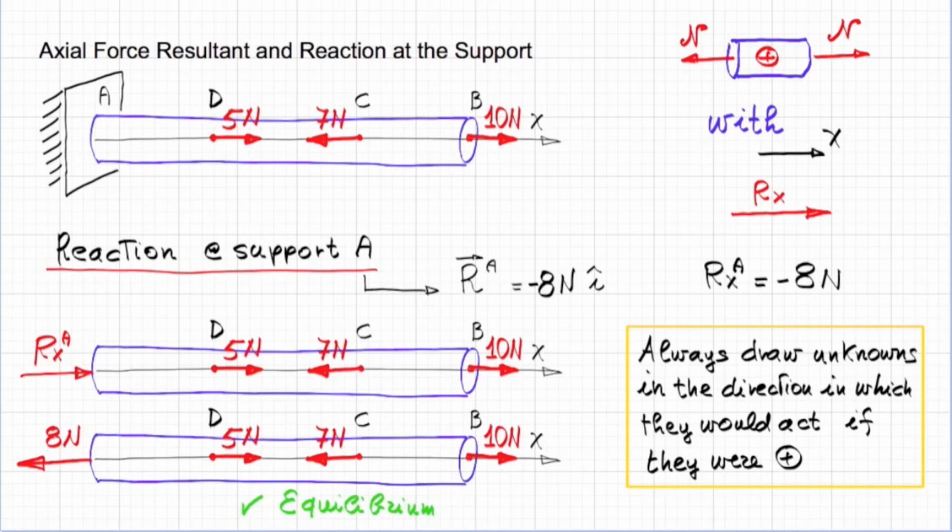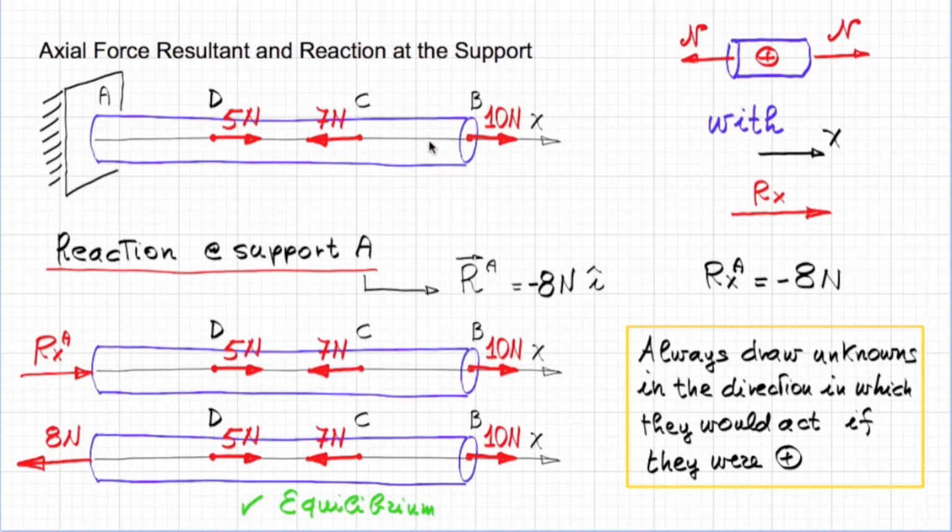You could already look at these forces and immediately see in which direction the reaction should go to balance the load. But in general, for more complicated problems, if you simply follow this procedure of drawing your unknown forces in the positive direction, then you will be much better off avoiding algebra mistakes.